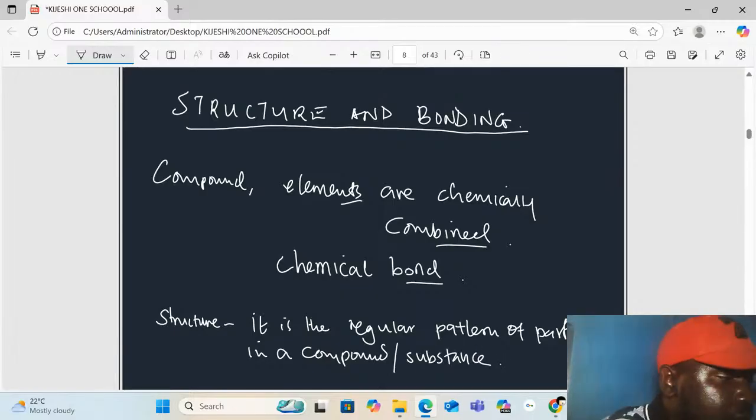So these particles are arranged in a regular manner. From that regular pattern, we get the structure.